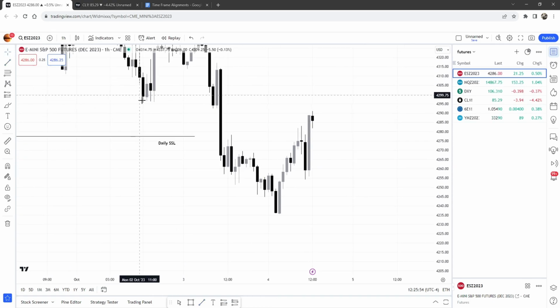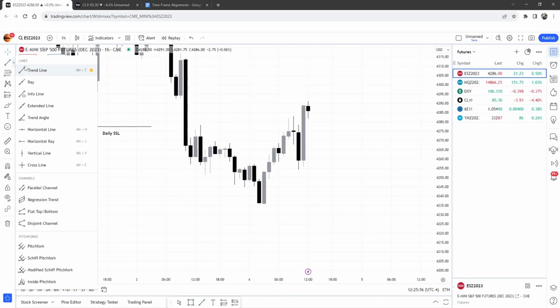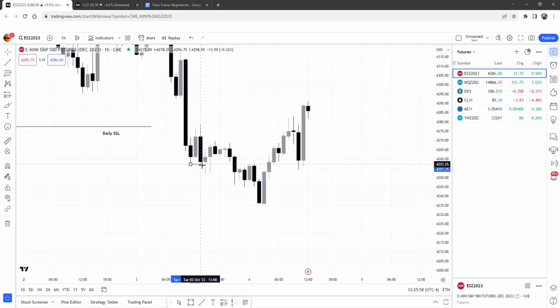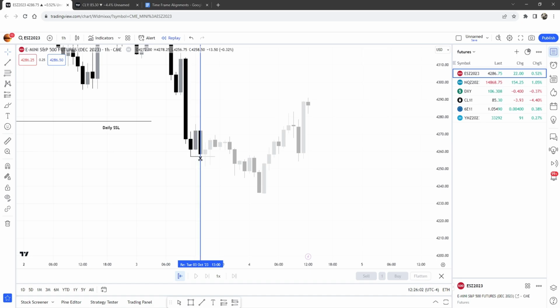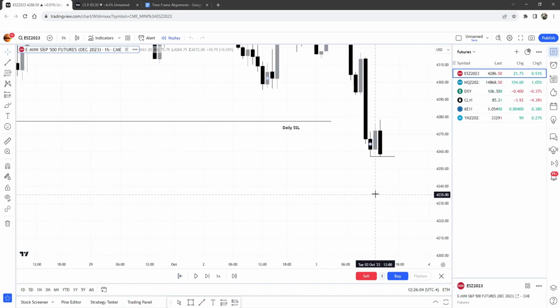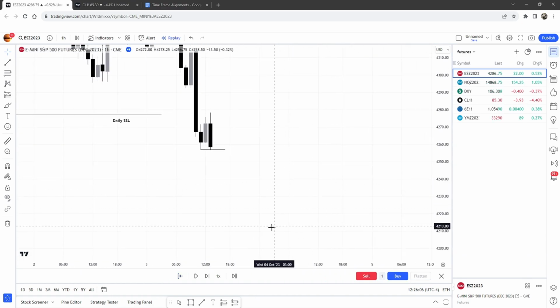The first swing low is right here. Let's even back this up so we can do it in real time, as if price is moving right now. Since we got to this daily PD array, we would start to look for longs. Like I said, below old lows, we look for longs.